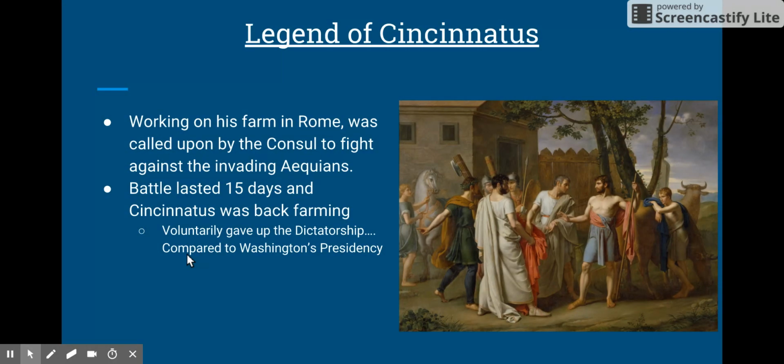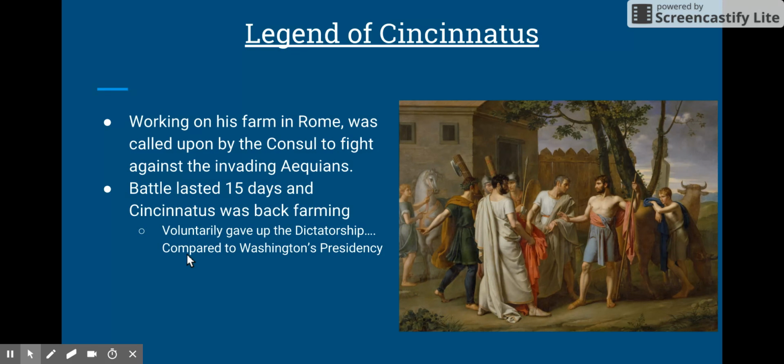Now, let's look at one of the most famous dictators. A working farming Roman by the name of Cincinnatus was called upon by the consul members because of an invading Aequian invasion.